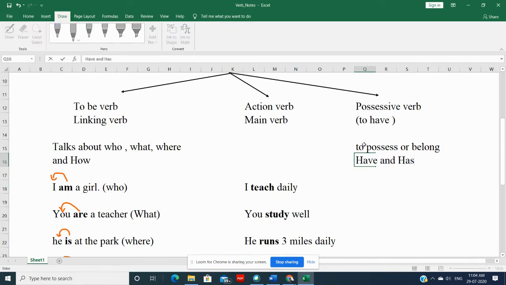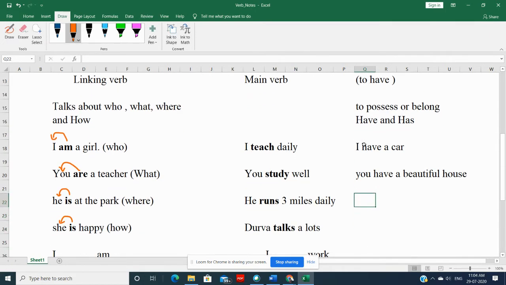have and has, right? So here also, let's say I have a car, right? You can say you have a beautiful house, right?